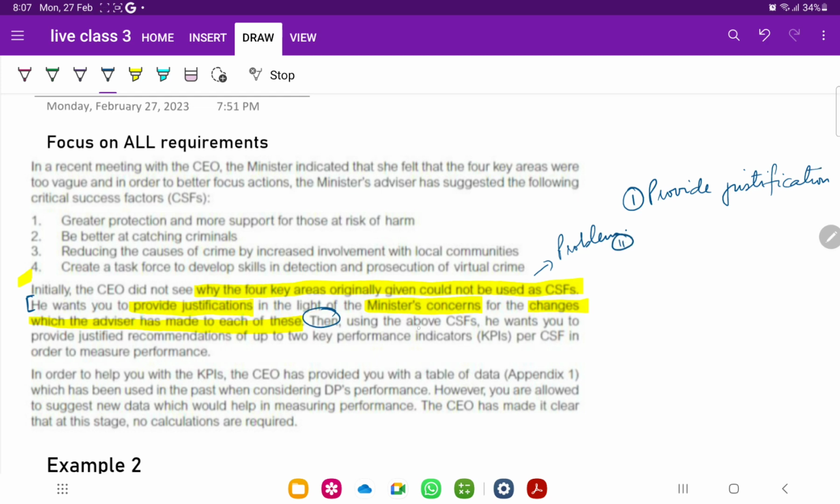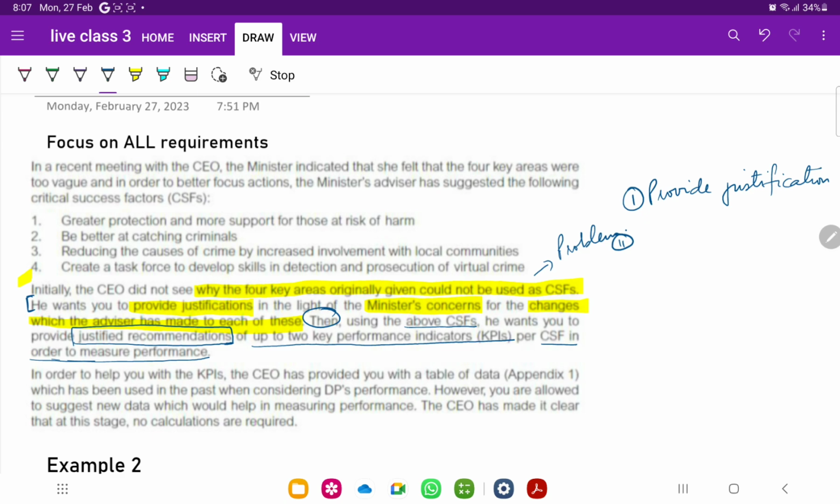Then, using the above CSF, he wants you to provide justified recommendations of up to 2 KPIs per CSF in order to measure performance. Now, this is the next thing he wants done in your report. Justified recommendation, so this is very important.